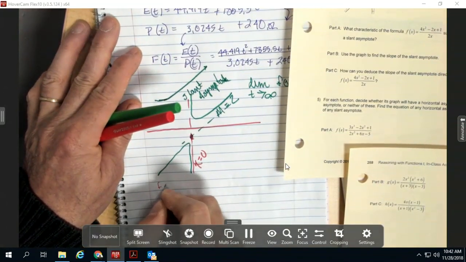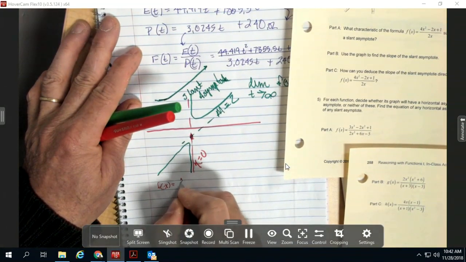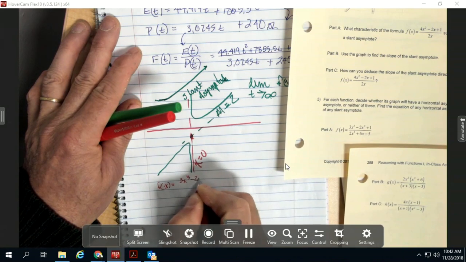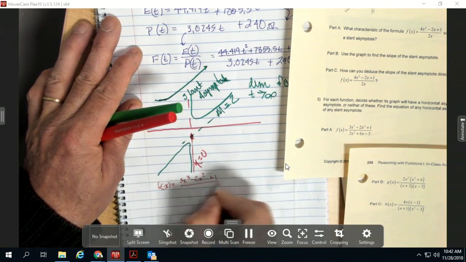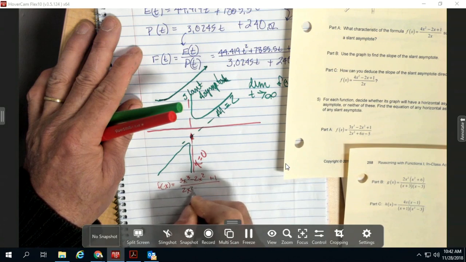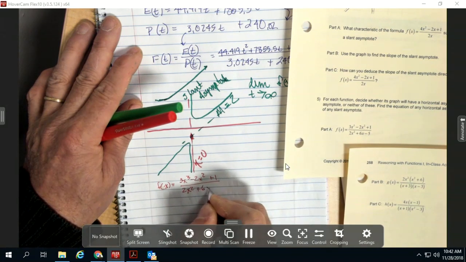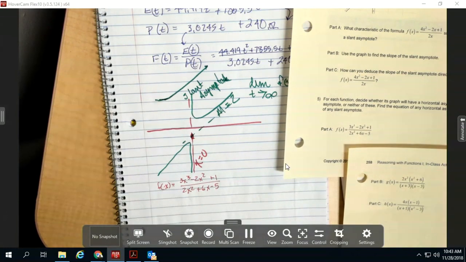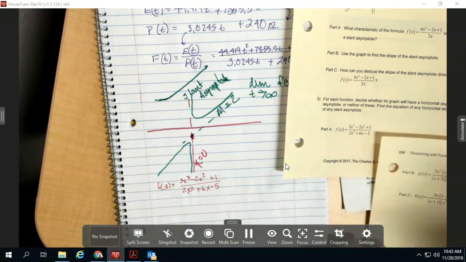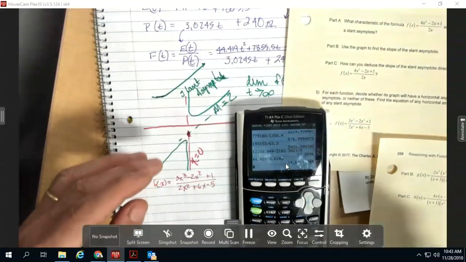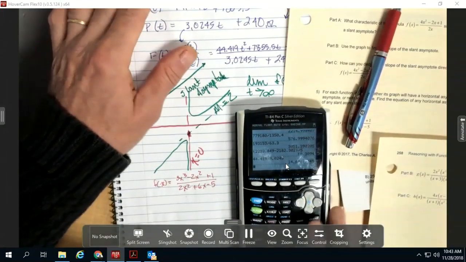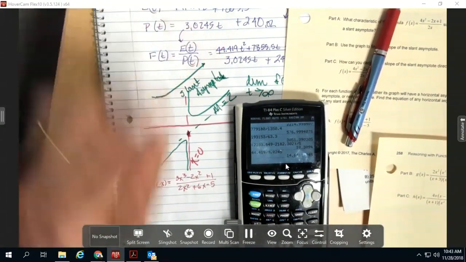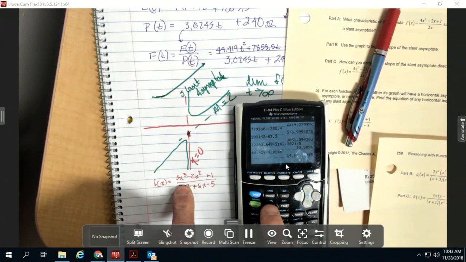f of x equals 3x cubed minus 2x squared plus 1 over 2x squared plus 6x minus 5. The first thing that I want to do is, well, I could just graph them, but I want to find the zeros just in case there are any.